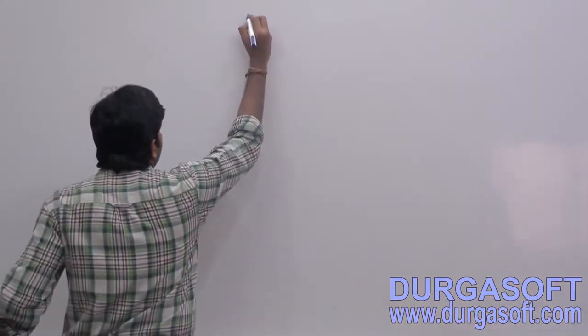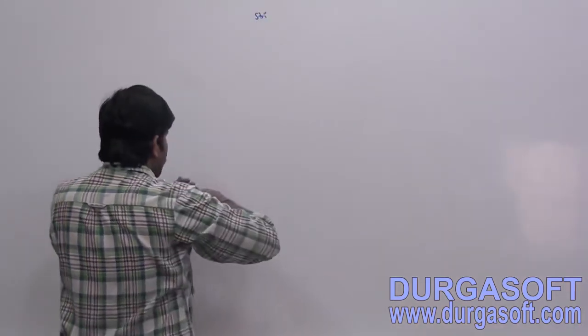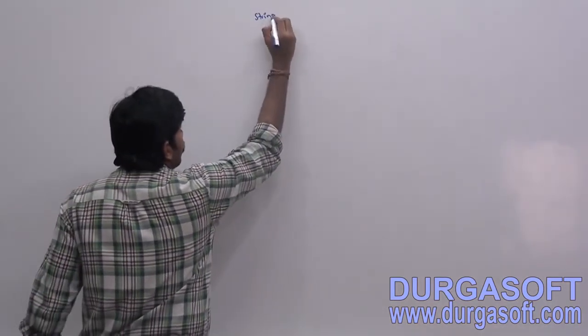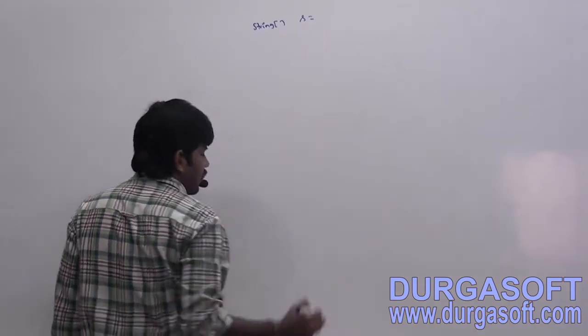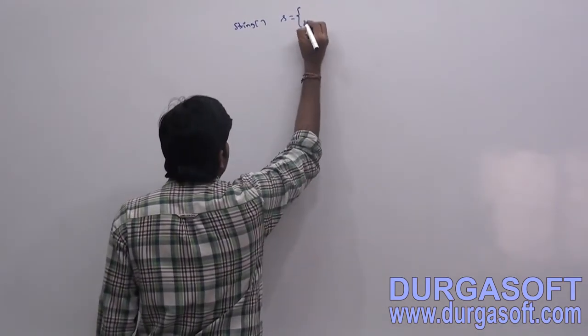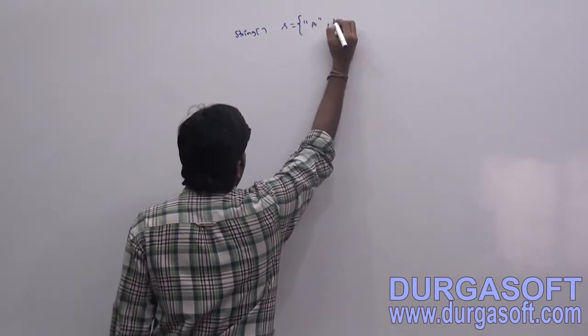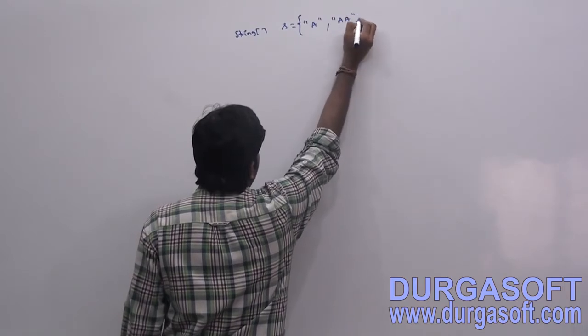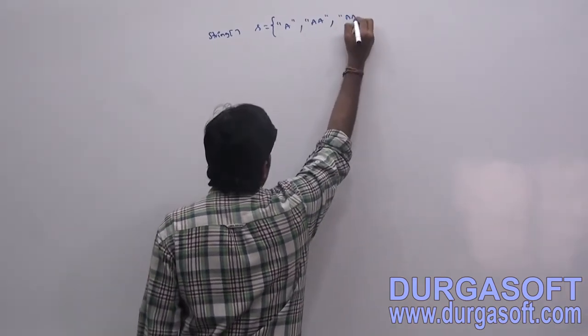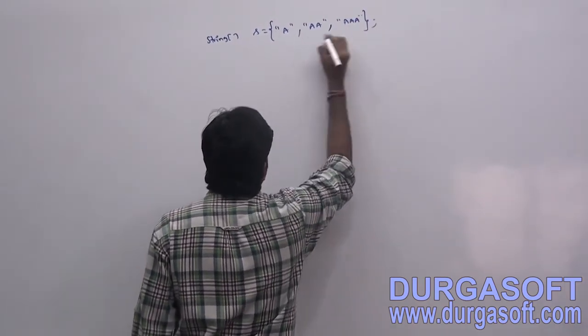So based on this, what is the possibility of a question being asked in the exam? Listen to this one. Sir, I am taking one string array, s = {"A", "A", "A"}, like this.